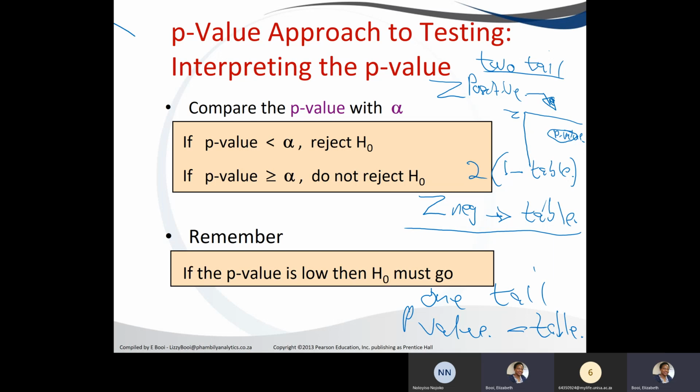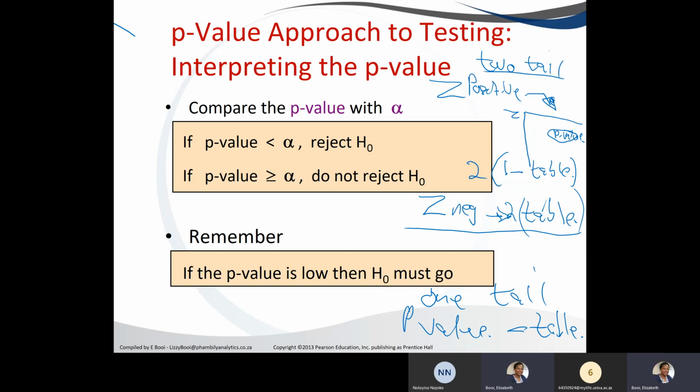So the value you see on the table will be the answer for your question. Only for a two-tail, you need to multiply it by 2. Even if it's negative, you're always going to multiply by 2.